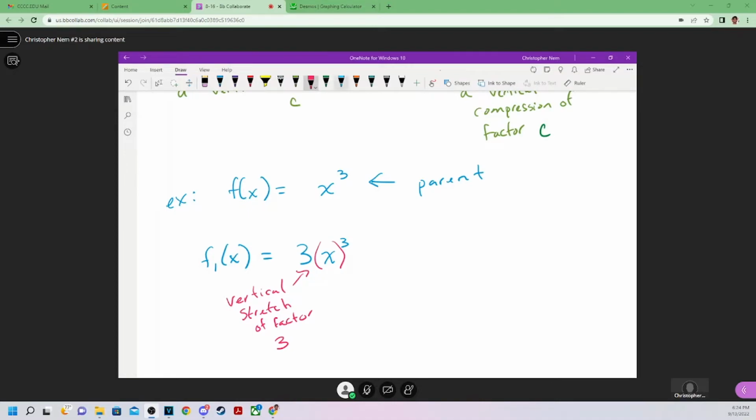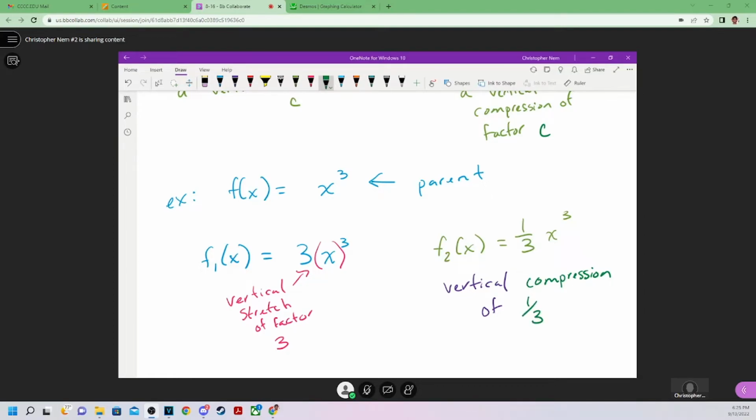Now, let's take another one. Let's instead take f2 of x equals 1/3 x cubed. Well, it's less than 1, so it's going to be a vertical compression of 1/3.